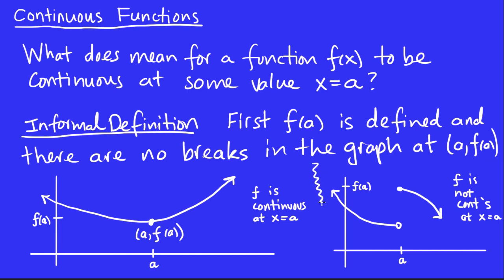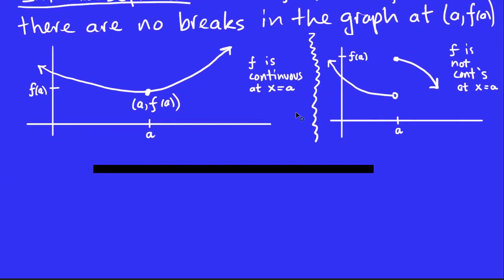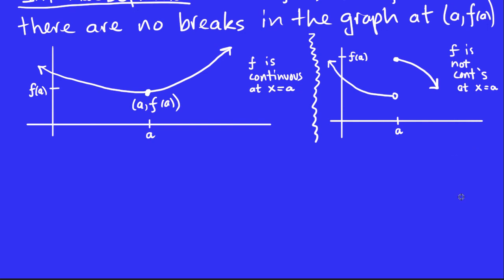All right, so I hope you see the difference between these two. Here we have a break in the graph, so it's not continuous. And here, there is no break, okay? And if I do this example here, how about something like this?